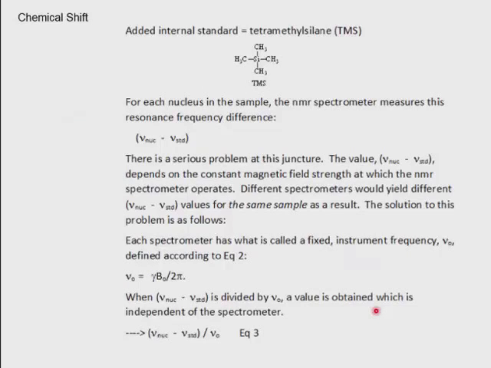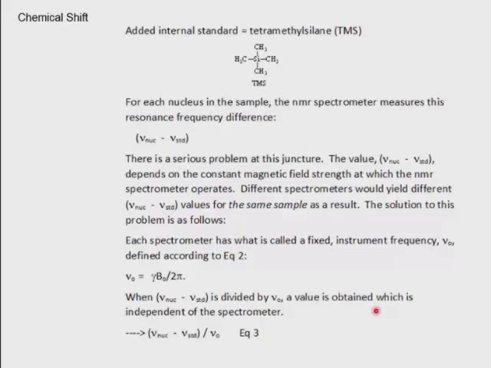Well, it turns out there's a limitation in NMR spectrometry. An NMR spectrometer measures the frequency of spinning, of precessing nuclei. But an NMR spectrometer cannot accurately measure the actual resonance frequency of a spinning nucleus.